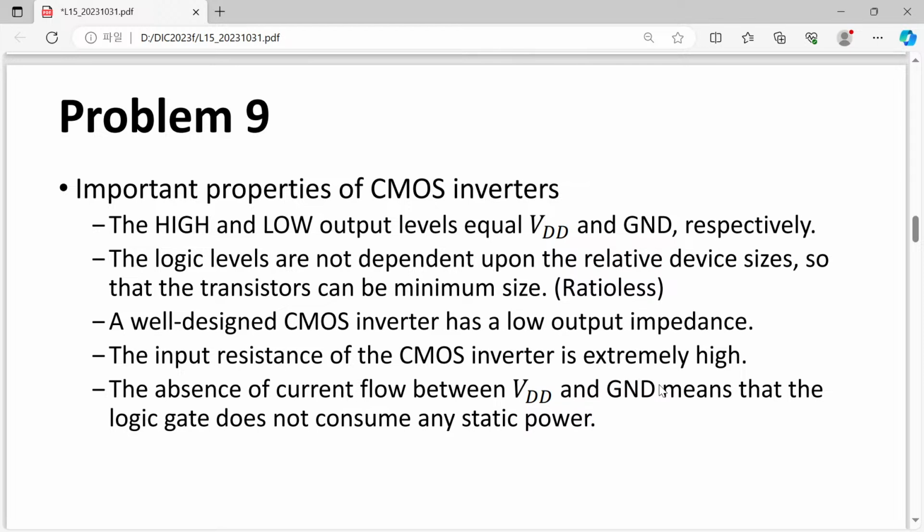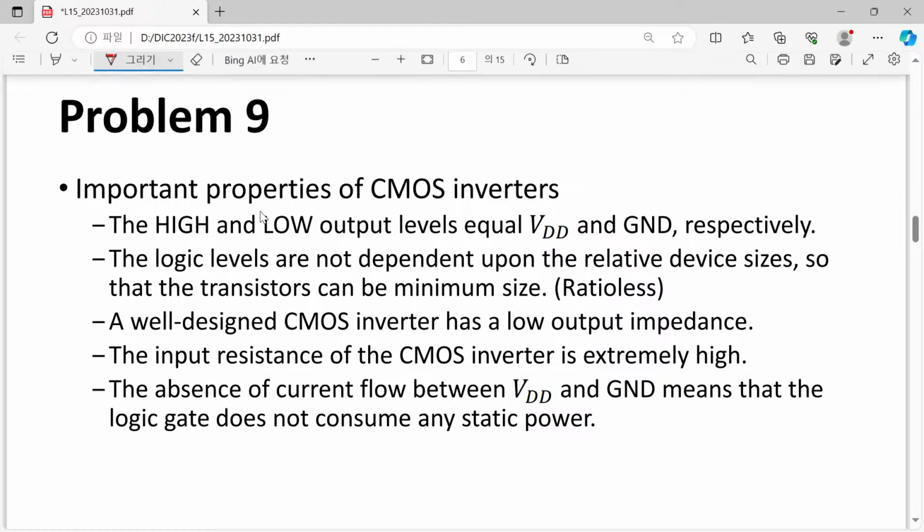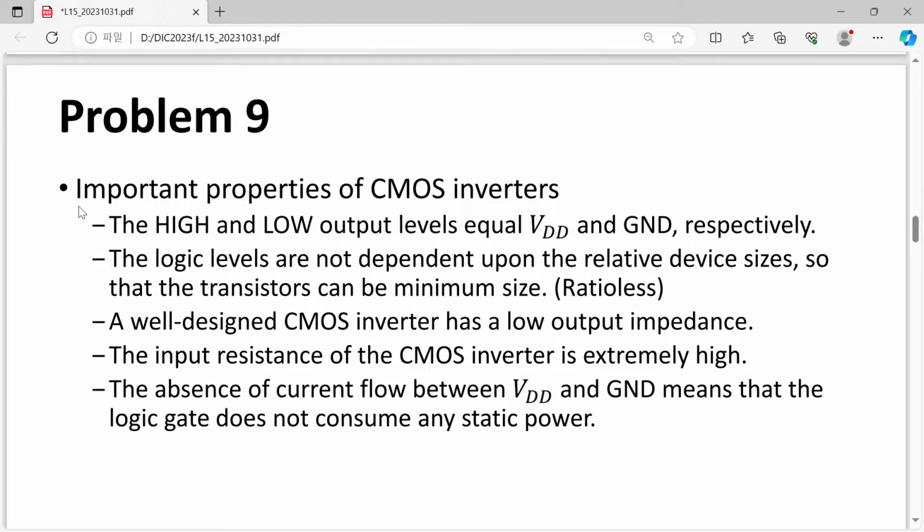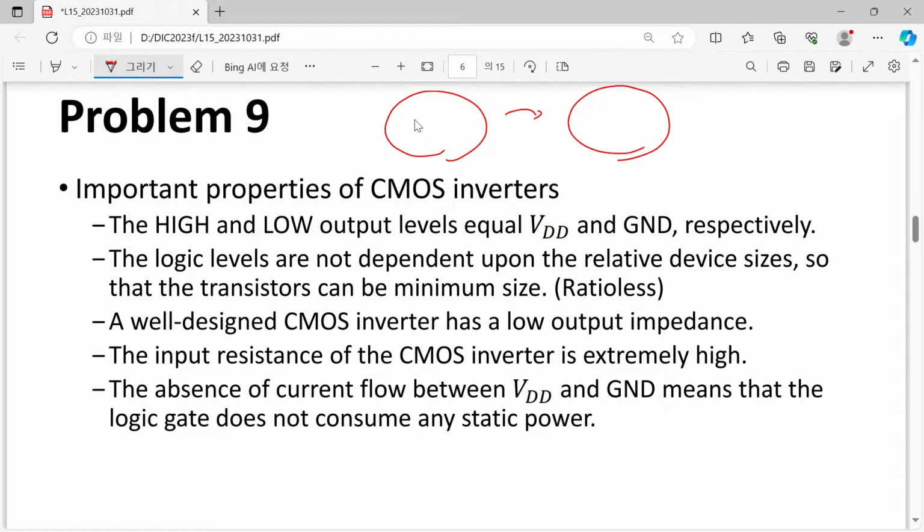So here, unfortunately, it was a difficult problem to most of you. So I just make a verbatim from our lecture material. Our problem was like this. Here we have a certain CMOS inverter, and here we have another CMOS inverter, and they have different ratio between their N MOSFET and P MOSFET, P MOSFET to N MOSFET.